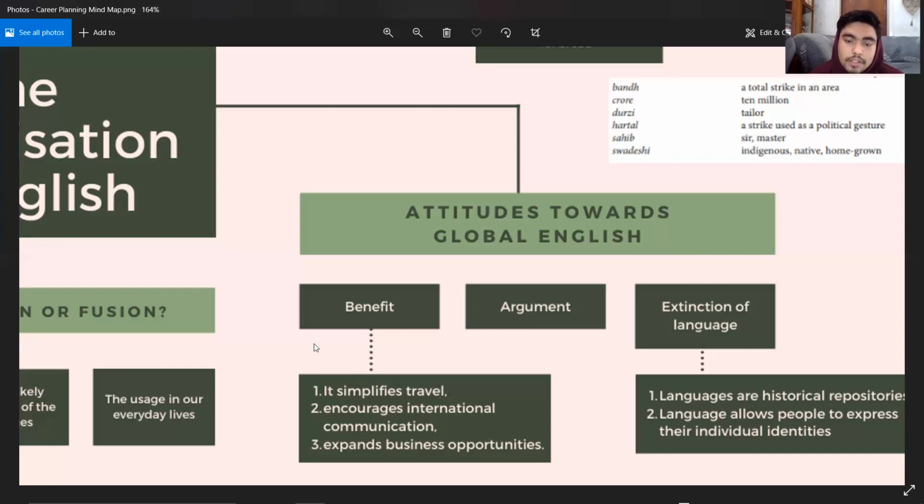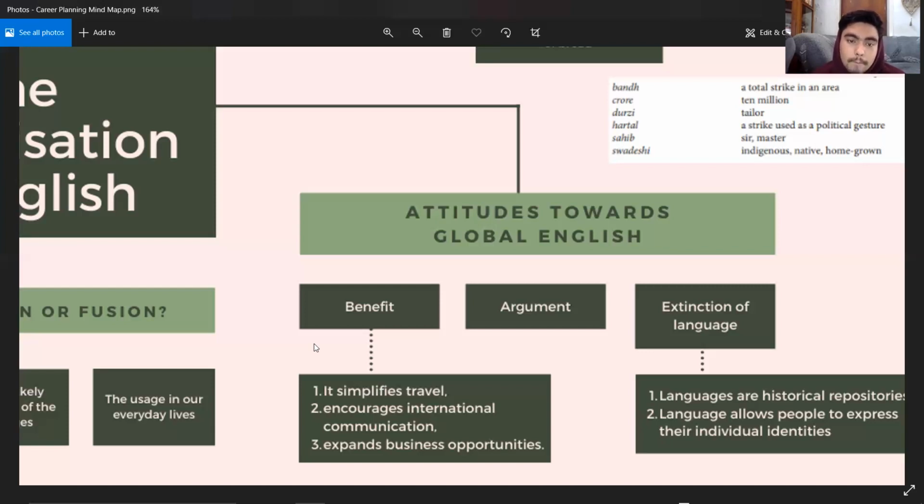The argument is because English is prominent, people want to learn and use English in order to reap the economic benefits that it provides, which eventually leads to the degradation of local languages and dialects. In the worst case scenario, the extinction of language.